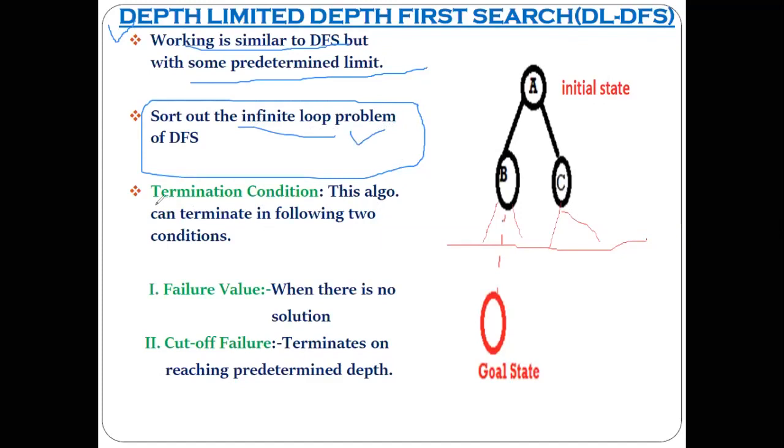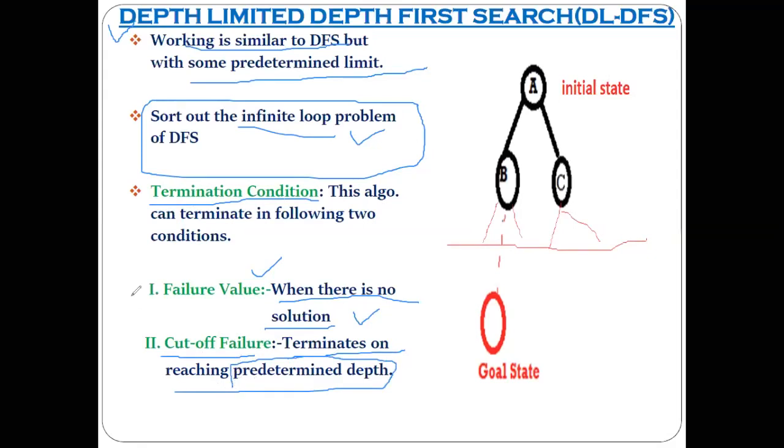So using two conditions, this algorithm generally terminates. One is when there is no solution available, failure will be there, correct? In case of no solution, the failure will be there. Another is the cutoff failure condition. Cutoff failure means this searching technique terminates on reaching the predetermined depth.